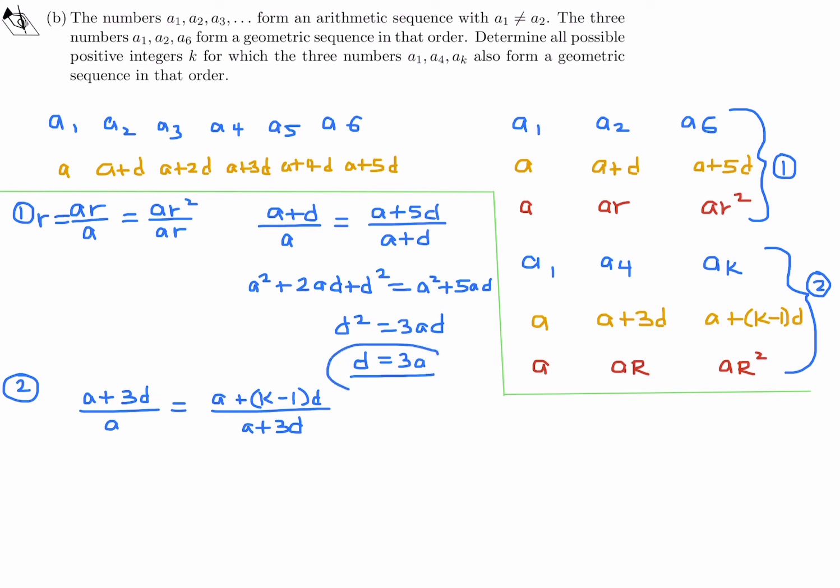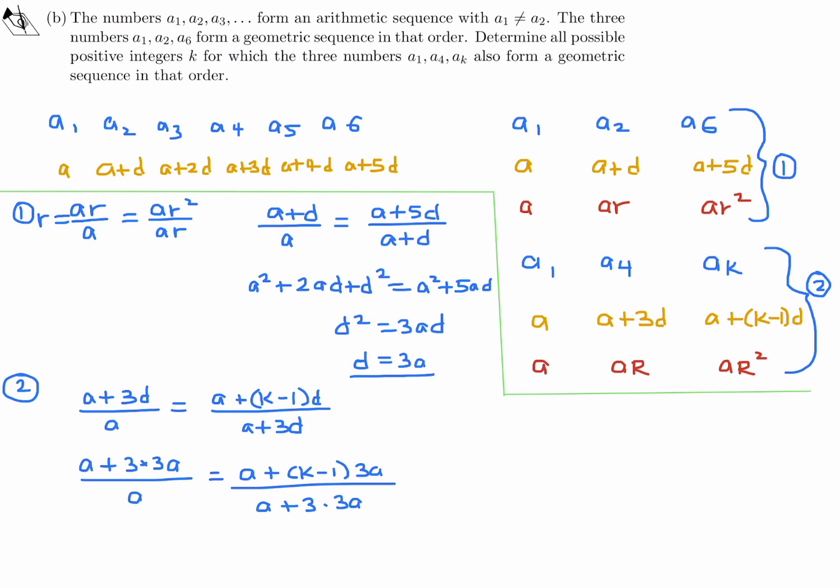Now we will utilize this important finding. Wherever there's a d, put in 3a. So a plus 3d becomes a plus 3 times 3a, all over a. And here we have a plus (k minus 1) times d, where d is 3a, over a plus 3 times d, which is 3a.